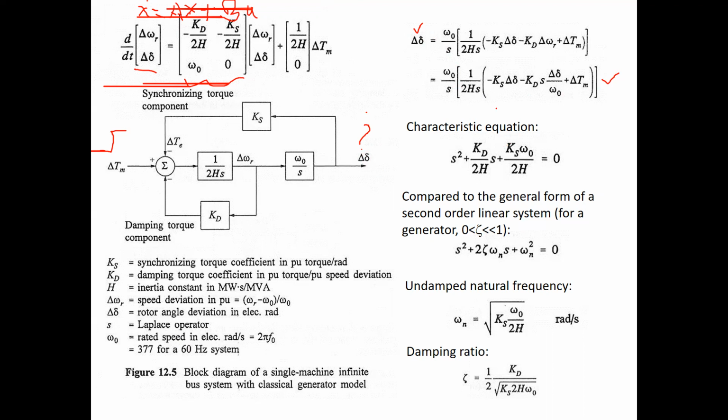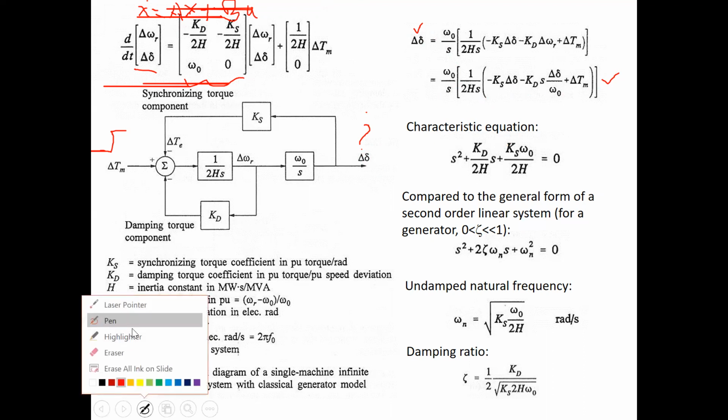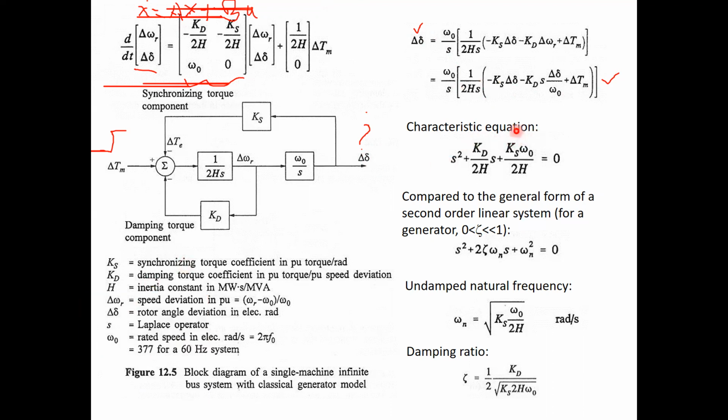So now this equation can be compared with the second order response. This is the characteristic equation we write down for a second order system. Now, what is the order of the system here? Isn't this second order?